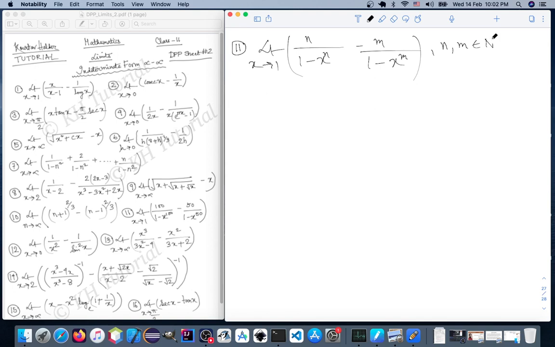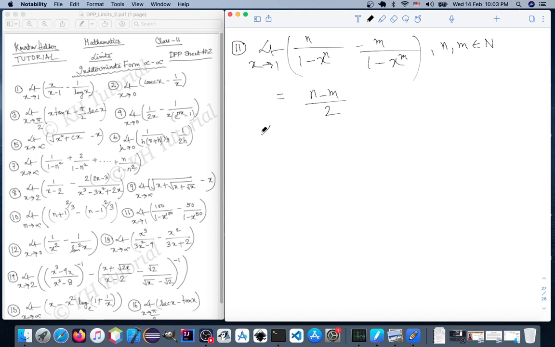For this, the result is always n minus m by 2. So we can directly use this formula and solve problem number 11.